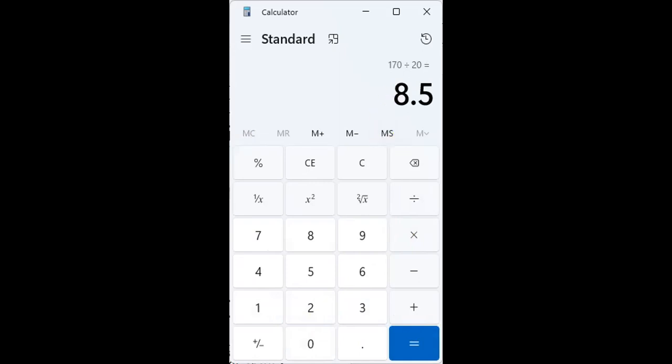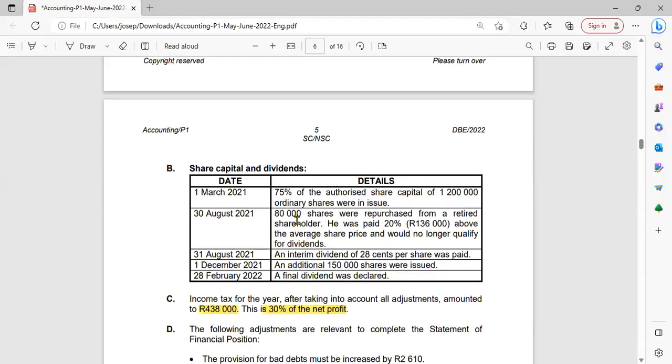Okay, so now that we have our average share price, we are now going to record it in our answer sheet. So we found that we have 850 cents, which is the price per share for the 80,000 shares that were repurchased.